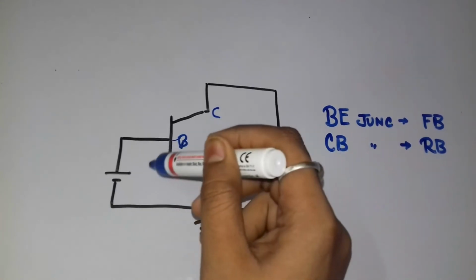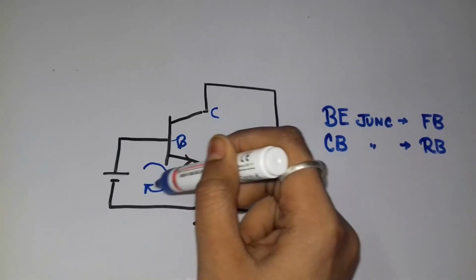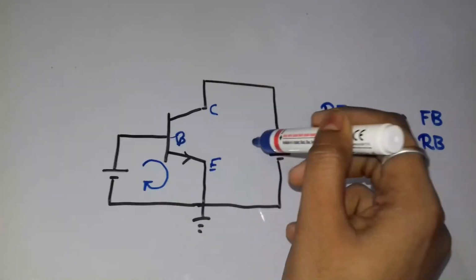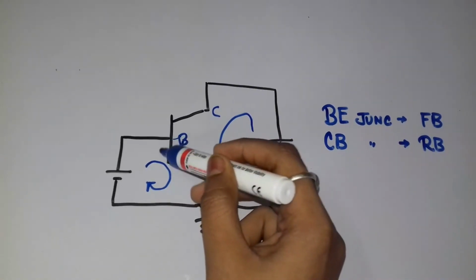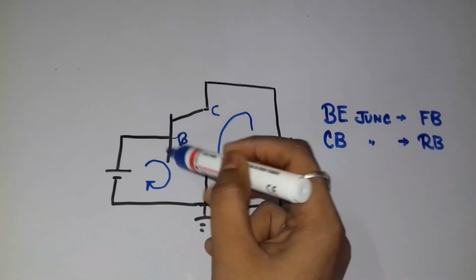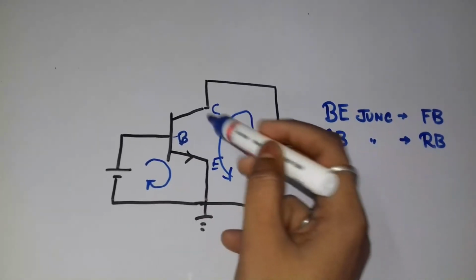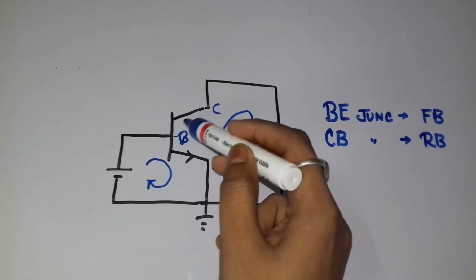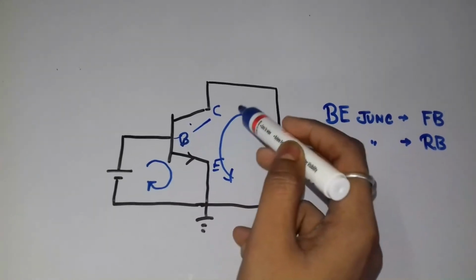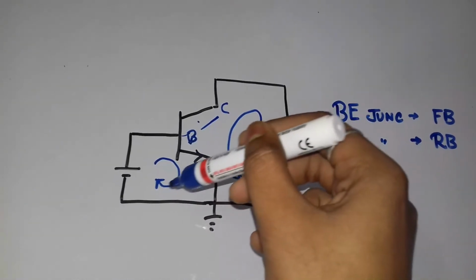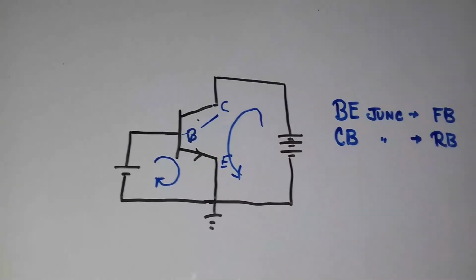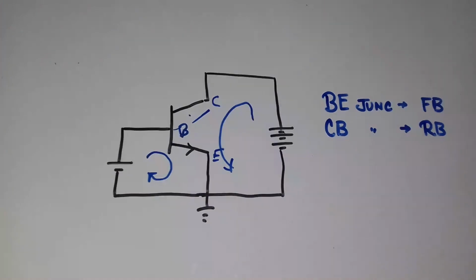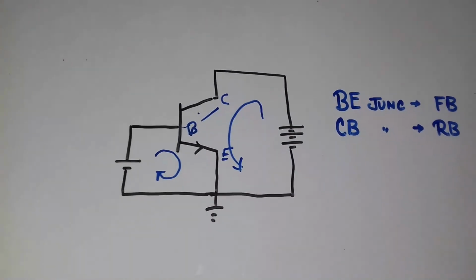But you see, this is the current in the input circuit, and it's transferred to the output circuit. But in the input circuit, the junction is forward biased and the resistance is low, but in the output circuit the junction is reverse biased, that is the CB junction is reverse biased and the resistance is higher. So current is transferred from the circuit of lower resistance to the circuit of higher resistance. So this is called a transfer resistor, or transistor.